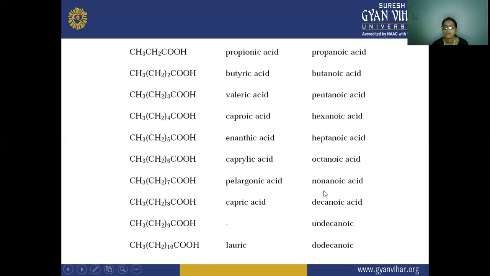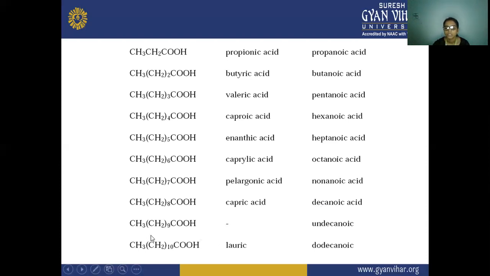According to the IUPAC, its name is nonane, and E is replaced by oic acid, and this is nonanoic acid. This chain contains 10 carbon atoms, and numbering will start from this side. According to the common name, its name is capric acid, and here it is decanoic acid.